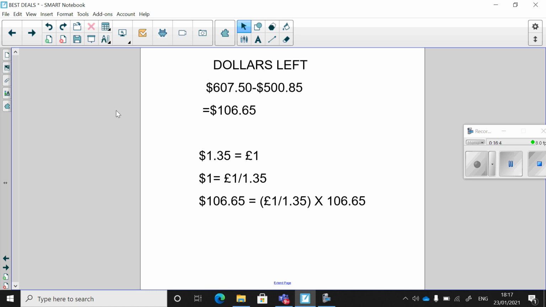Put that now in your calculator: 1 divided by 1.35 times 106.65, and hopefully it'll give you a nice number. Your calculator probably gives you just 79 exactly. But because we were dealing with money, I'm putting the 0.00 here. That looks okay to me.